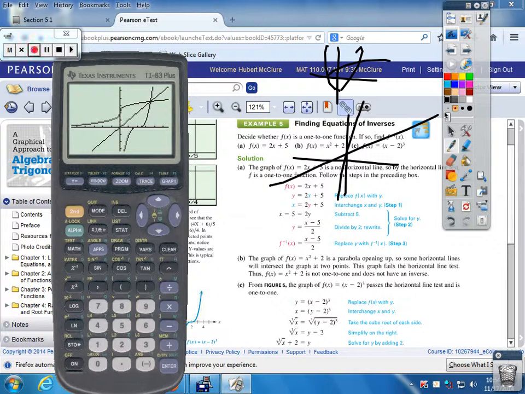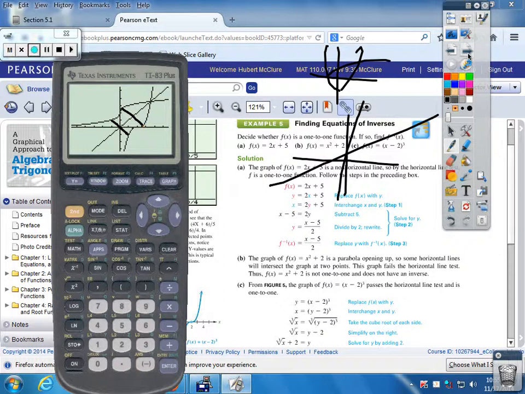It gives you the symmetrical other half. That's why I was trying to show you that this distance right here is the same as that distance right there.